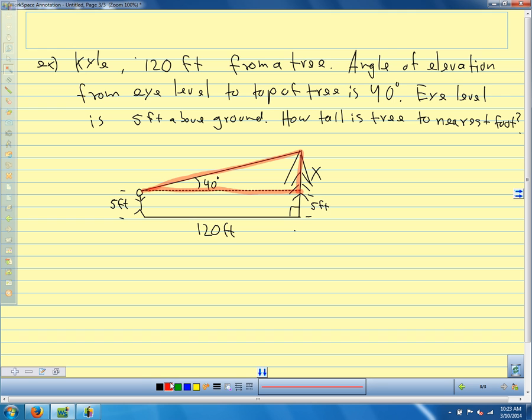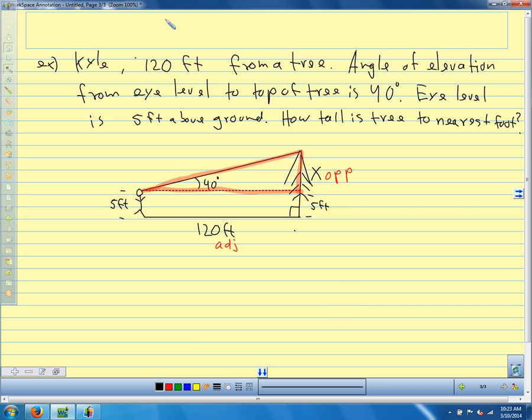So we're going to label our triangle. X, opposite, adjacent, or hypotenuse to this 40-degree angle? Opposite. And the 120 feet? Adjacent. And then we go to SOHCAHTOA and we say what trig ratio tells us about the opposite and the adjacent.